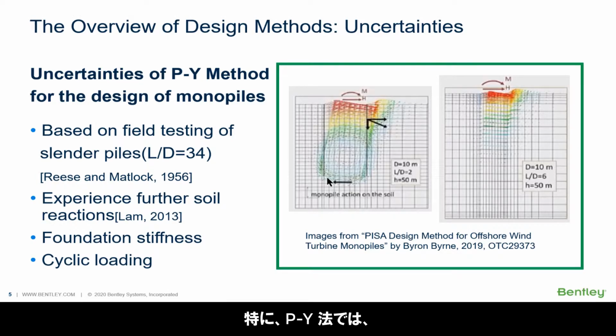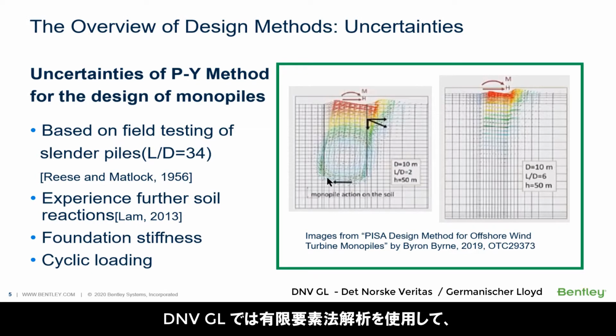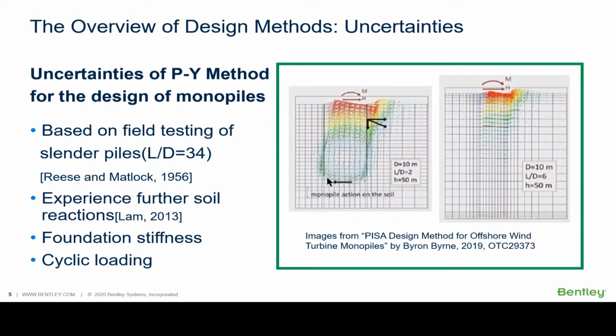Especially, the PY method does not take into account the magnitude of the cyclic loads, the number of cycles, or the accumulation of damage. The DNVGL requirement specification suggests validating those effects using finite element analysis, but does not specify the detailed method.